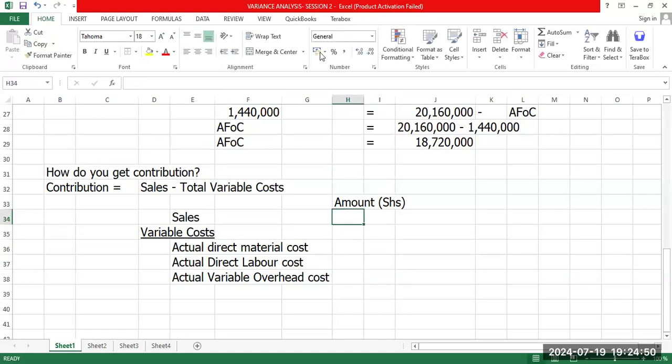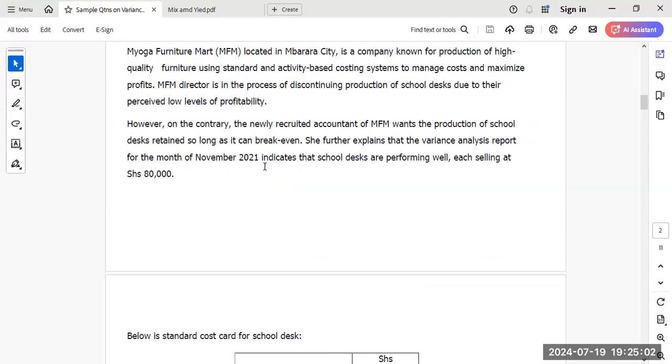So what is our selling price? Do we have it in this question? They told us here that each school desk, the selling price will be 80,000.